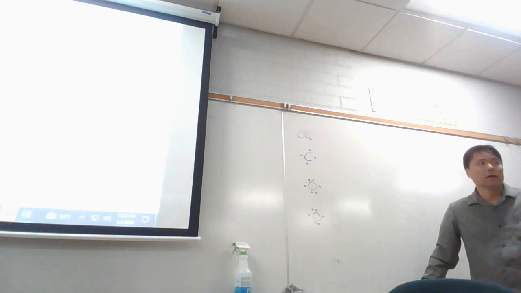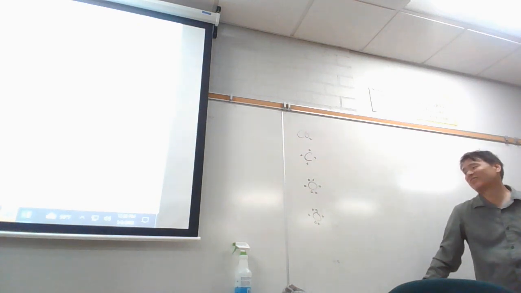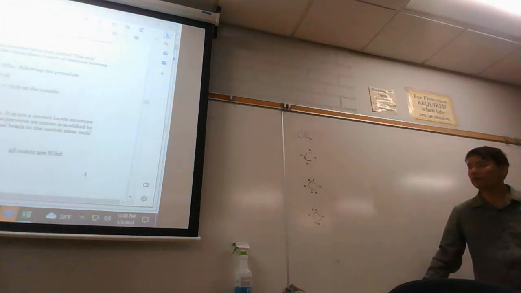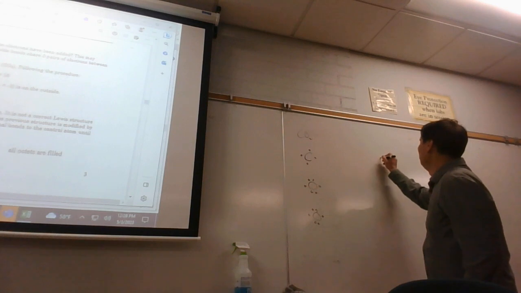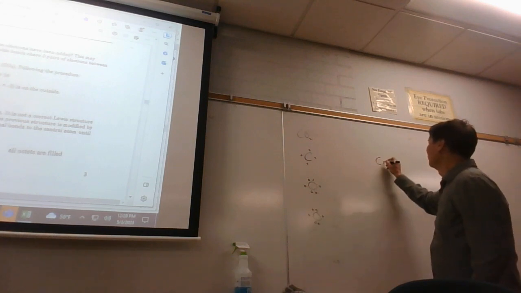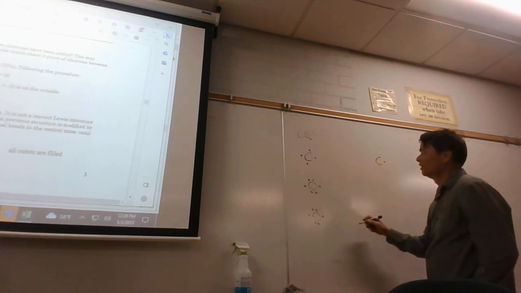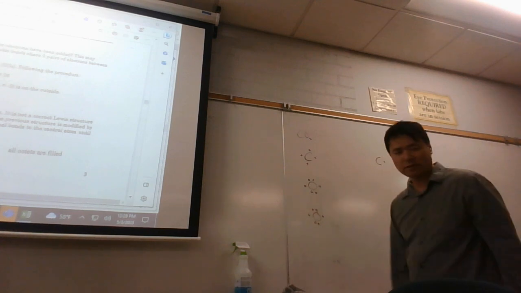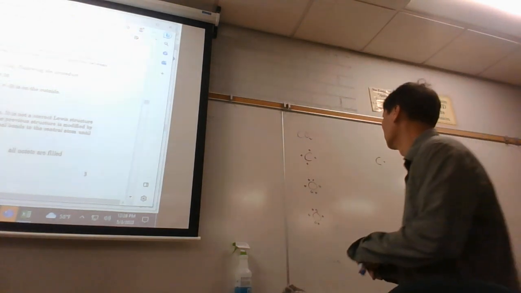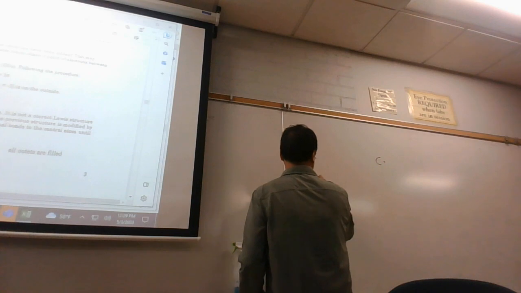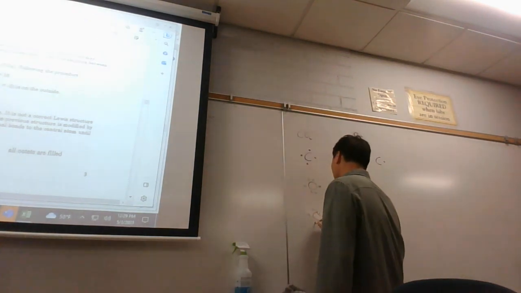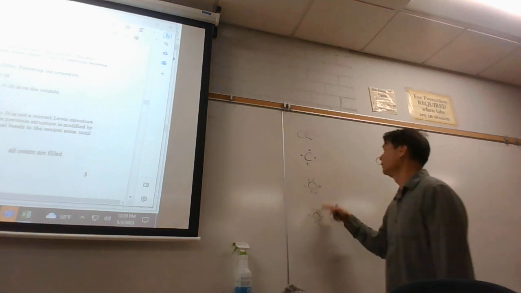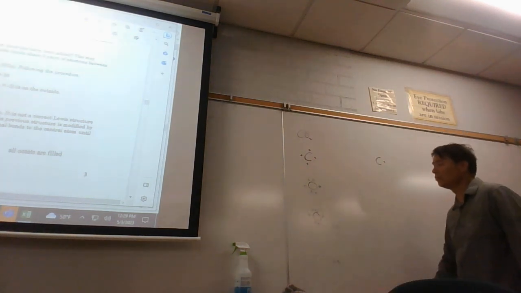For simple Lewis structures, we could use the Lewis dot. We don't have to follow the rules. Or we could follow the rules. For Lewis dot, let's draw the oxygen in a different color here. How many bonds can each oxygen make? 2. And carbon can make 4.